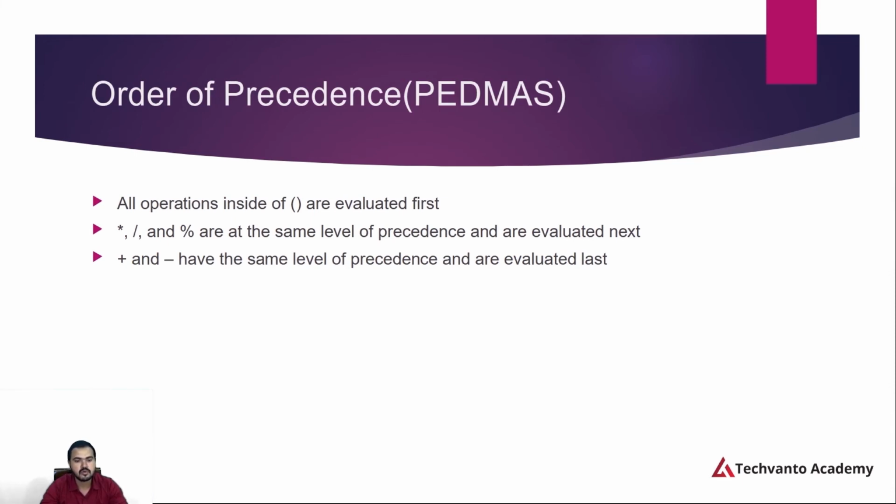First, you give preference to parentheses, after that exponentiation, and then division and multiplication, and addition and subtraction. Just remember the name PEDMAS: P for parentheses, E for exponentiation, D for division, M for multiplication and A for addition and subtraction. While you are calculating, the computer is also going to calculate according to this rule only.